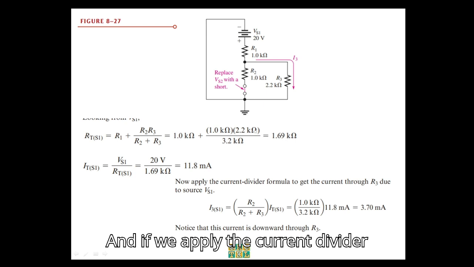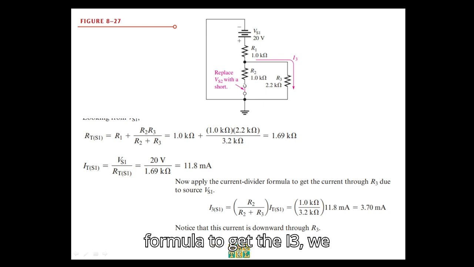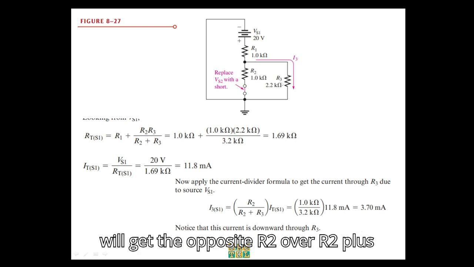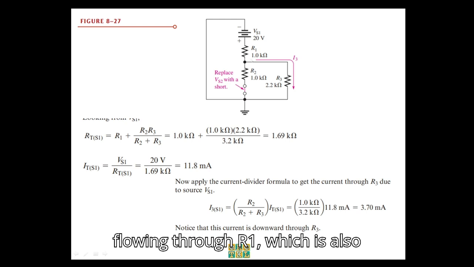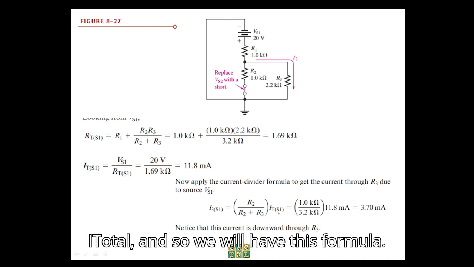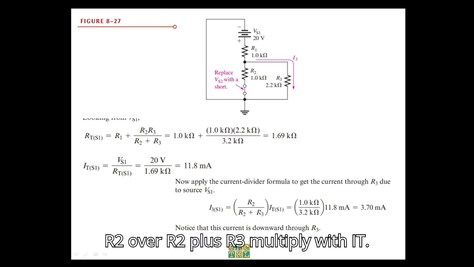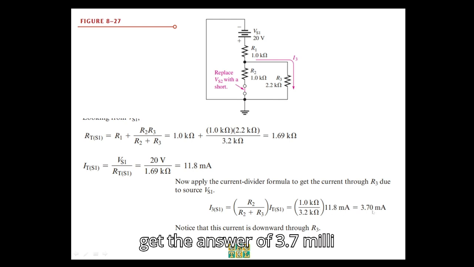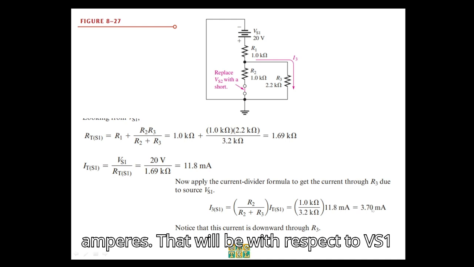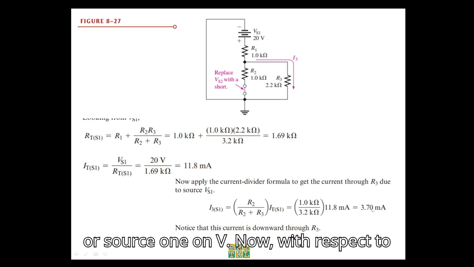And if we apply the current divider formula to get I3, we will get the opposite resistor R2 over R2 plus R3 multiplied with the current flowing through R1, which is also I total. And so we will have this formula: R2 over R2 plus R3 multiplied with IT, that will be the current I3. And we get the answer of 3.7 milliamperes. That will be with respect to VS1, or source 1 only.